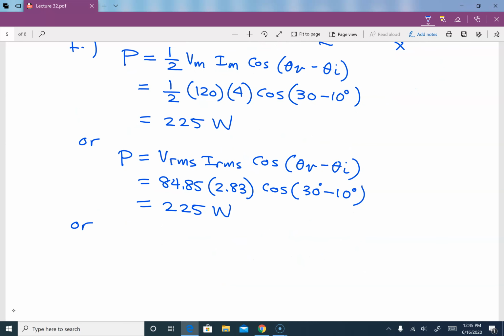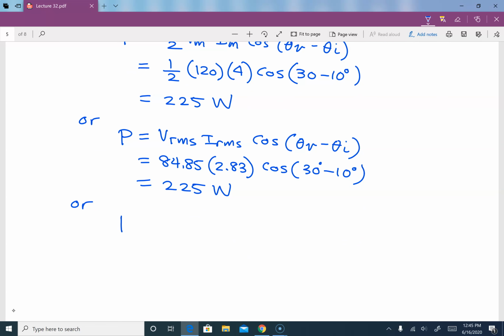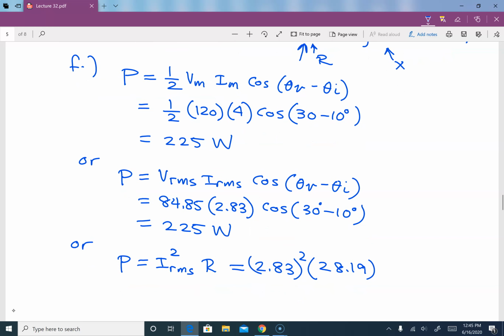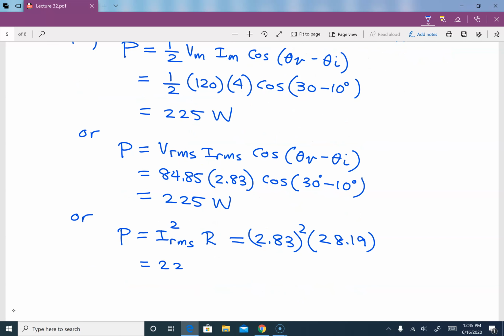Or you can use P is equal to IRMS squared times R, and in this case that is 2.83 squared times, our R came out to be 28.19, and that is equal to 225 watts.